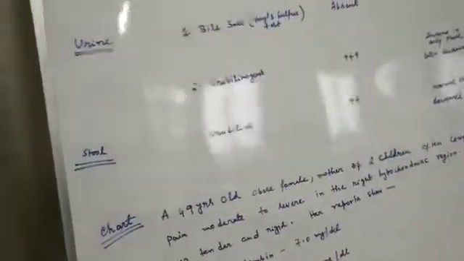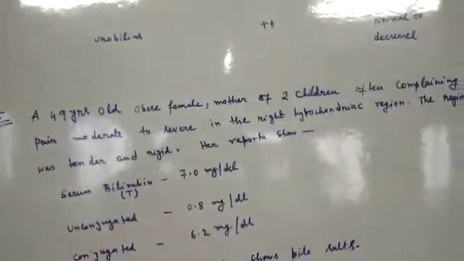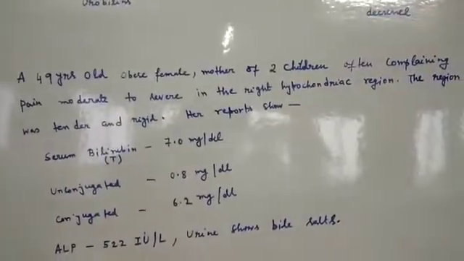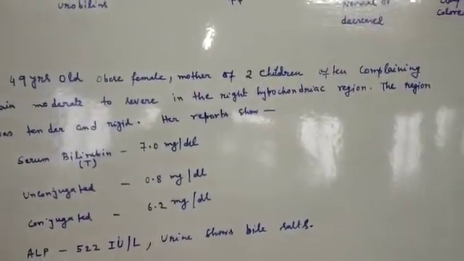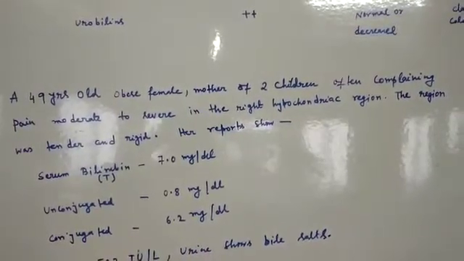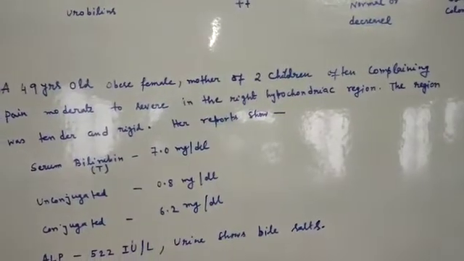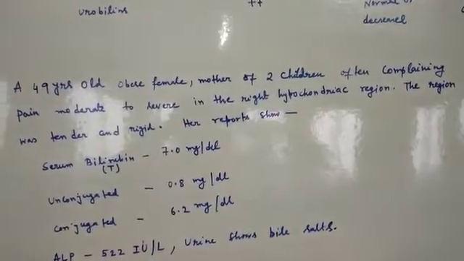Now, we find charts about jaundice. A 49 years old female, obese, mother of 2 children, often complaining of pain, moderate to severe, in the right hypochondriac region. The region was tender and rigid.